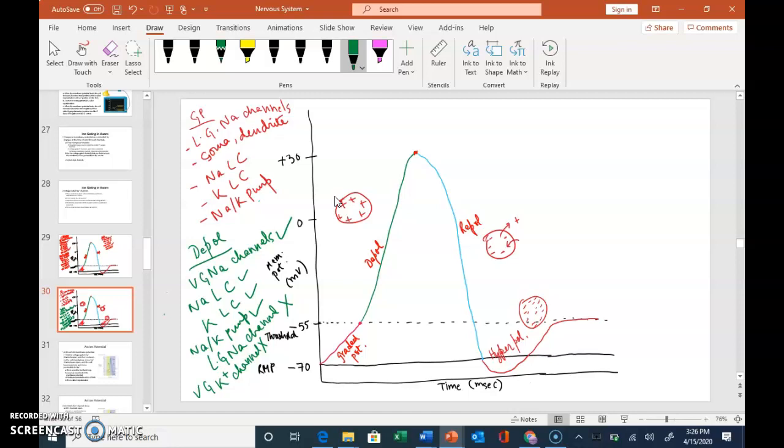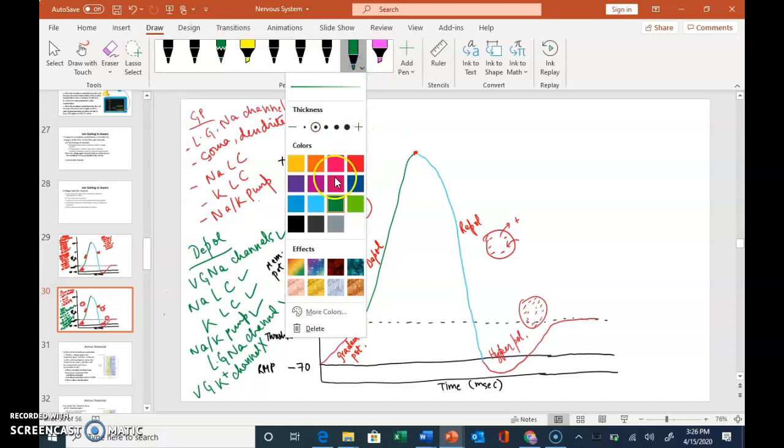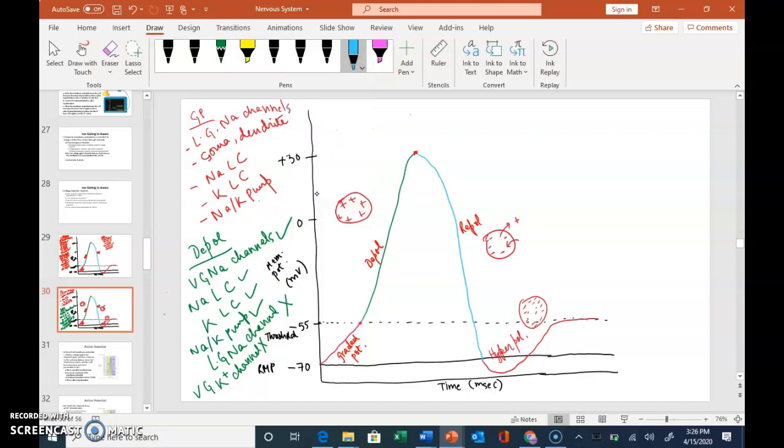Let's talk about repolarization now. So during repolarization, what happens to the voltage-gated sodium channels? Well, they close. Remember, right here at positive 30 millivolts, the voltage-gated sodium channels close. What happens to voltage-gated potassium channels?